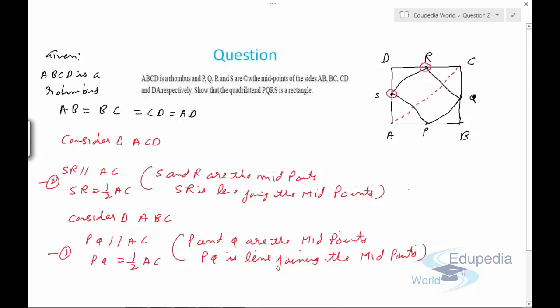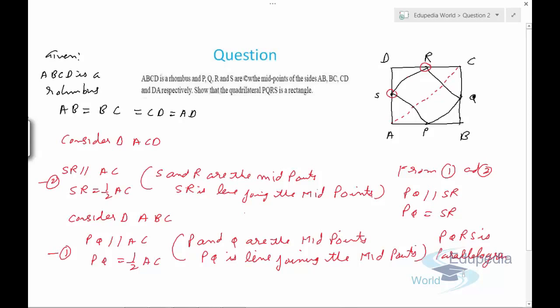So from 1 and 2 we can say that PQ is parallel to SR and PQ equals SR. So now PQRS is a parallelogram. So why is it a parallelogram?